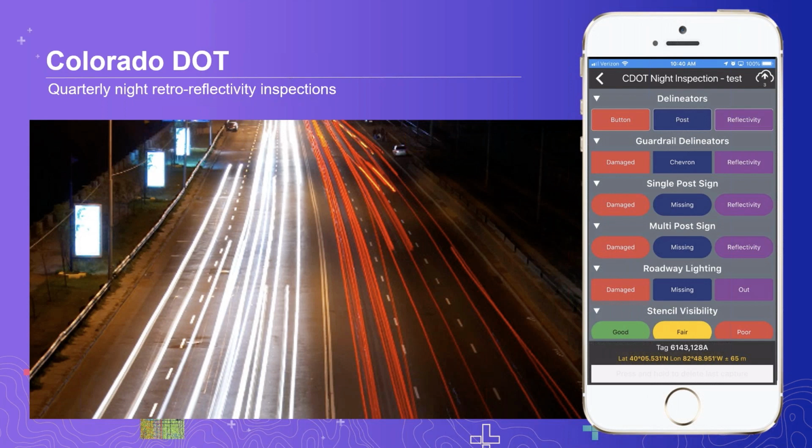This is a process that in the past used to be done on paper, and it was quite error prone, actually, the whole process. It was very difficult to capture the location where road signs in the road needed some repair from a retroreflectivity perspective.